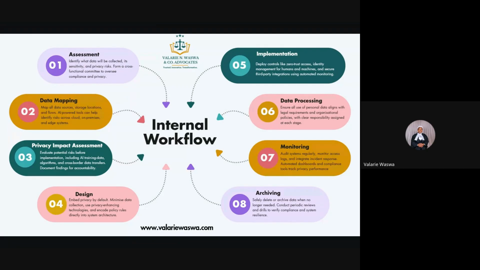And also having clear responsibility assigned at each stage. Because again, if you're not assigning responsibility, if there is a data breach, who is accountable? So as we are going through this process, it's very important to say that so-and-so Cecil is responsible for this, and then Lilith is responsible for ABCD.